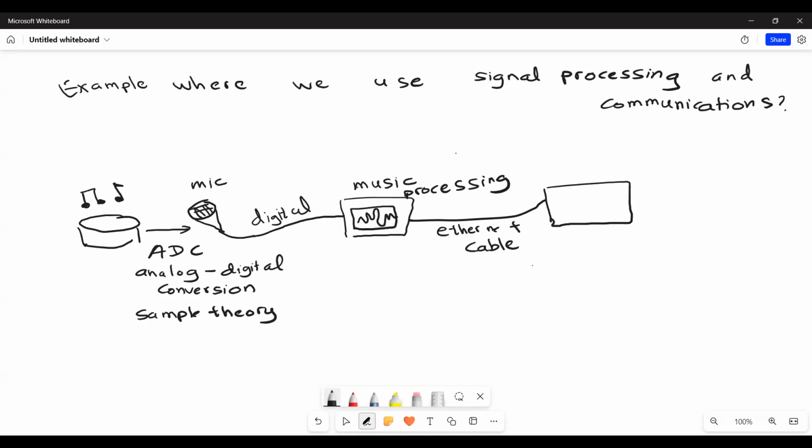The server receives this information as a data packet, and that data packet will then be transferred across multiple routers and switches to the internet.